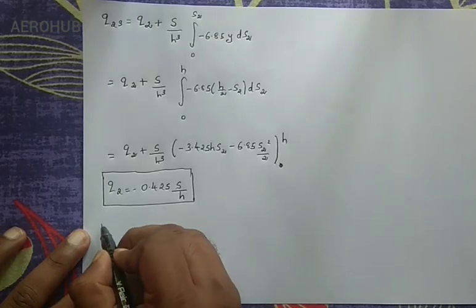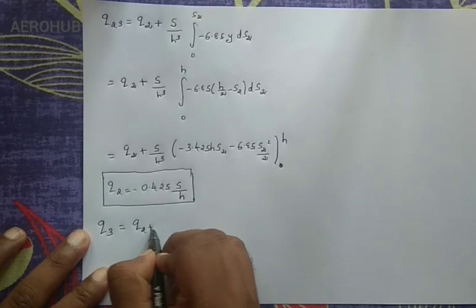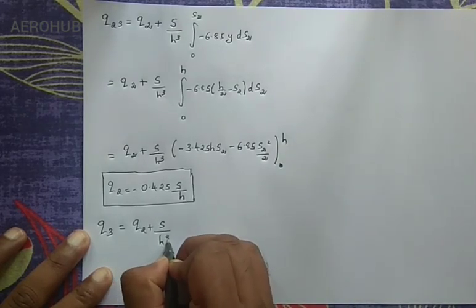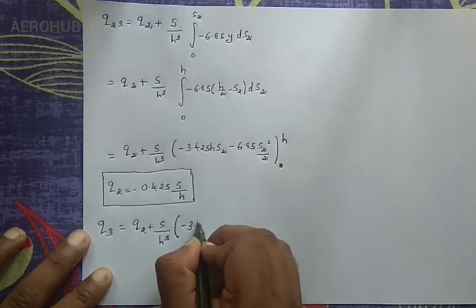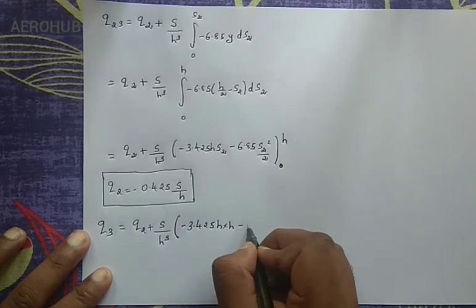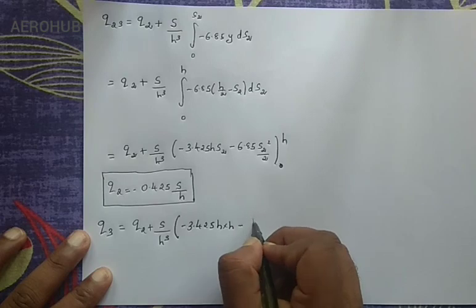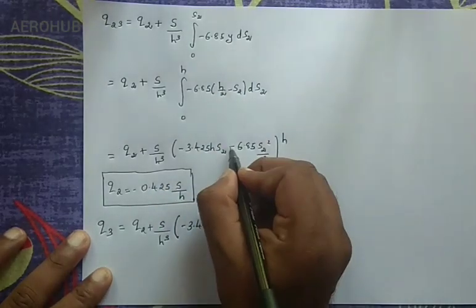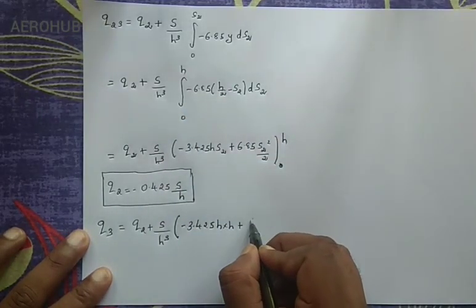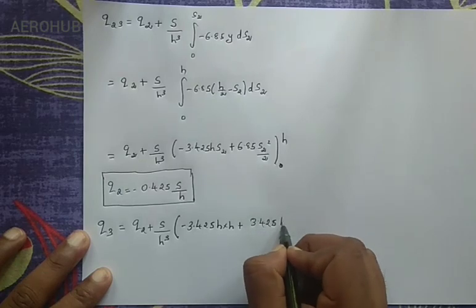Now Q3 is equal to Q2 plus, now we will substitute the upper limit as H, S by H cube times minus 3.425 H into H, minus minus 6.85, this is minus to minus, it will be plus, plus 3.425 H square.